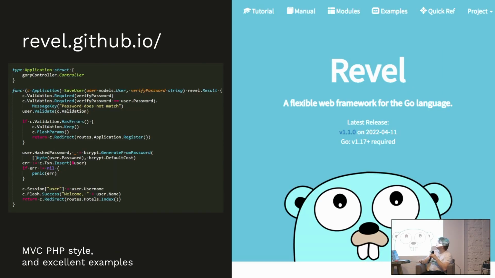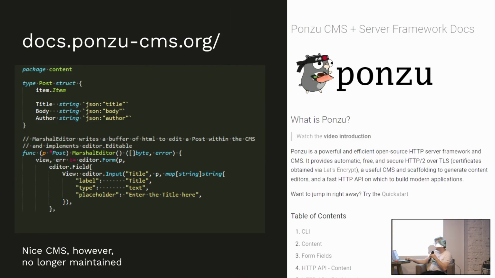In a similar vein, there's Rebel, which is a slimmer and leaner version of Pico. There's probably no relation between them, but it has really excellent examples, and you can probably get something done with it really nicely if you don't want to wire up your own dependencies. There was a really cool project, Ponzu, which did content management systems really nicely.